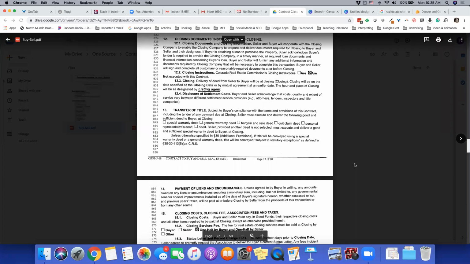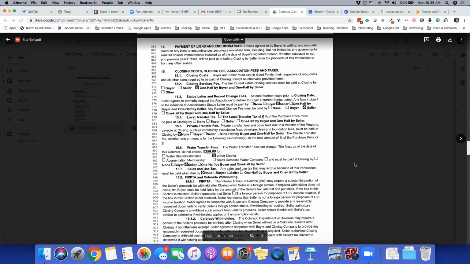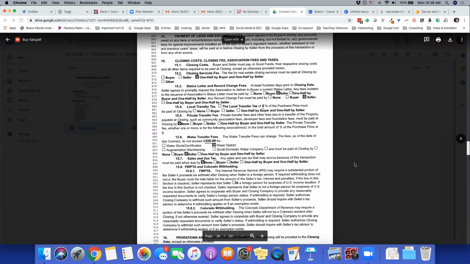Now, paragraph 15 is talking about closing. So on 15.2, you go half and half. There's a fee that the title company charges buyer and seller, one to close the loan, one to close the real estate. It's usually running around $420 or $450, and it's a 50-50 charge.